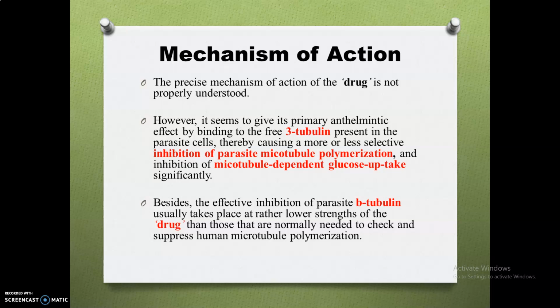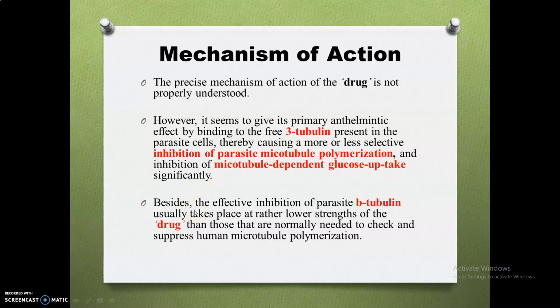Mechanism of action. The mechanism of action of this drug is not properly understood yet. However, it seems to give its primary anthelmintic effect by binding to the free beta-tubulin present in the parasite cells, which thereby causes more or less selective inhibition of parasite microtubule polymerization and inhibition of microtubule-dependent glucose uptake significantly.